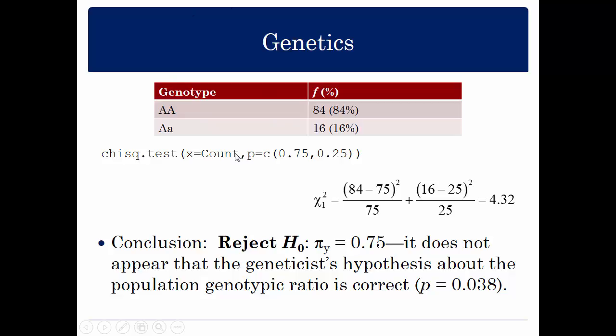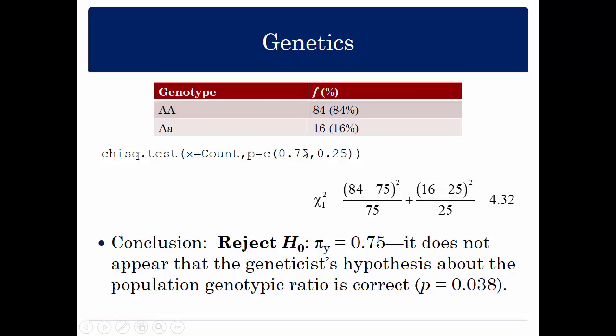The way that we would perform this test in RStudio is through the function chisq.test. If you have a data set, I'll show you the structure of that data set. You tell it which variable contains the count and call that x, and then you give your hypothesis as what we call a vector. So again, this c means basically combine these two elements into a single object called p.